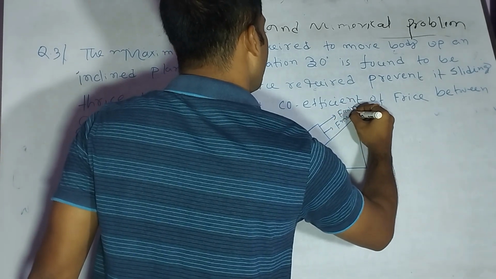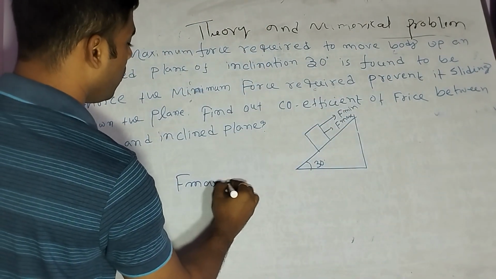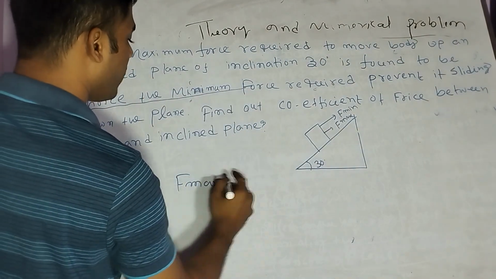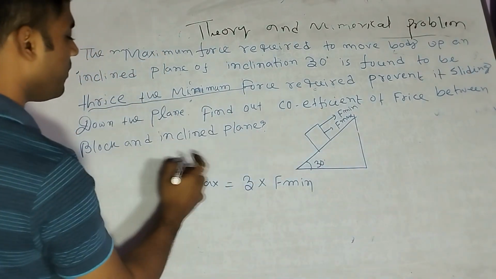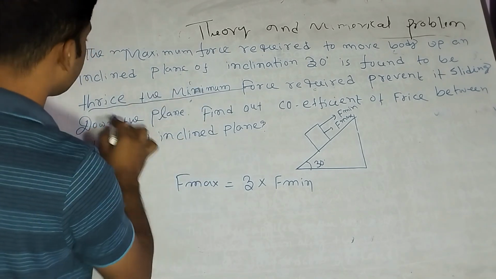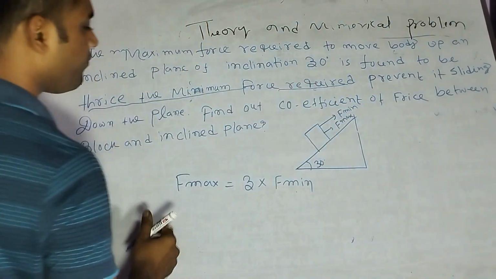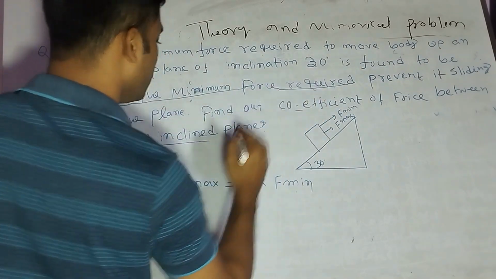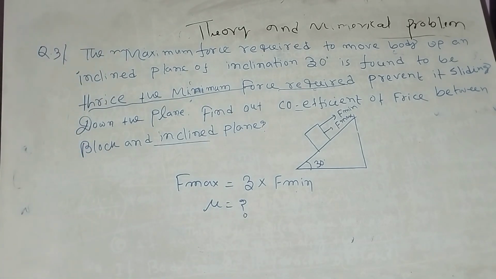According to the question, F max is thrice the minimum value, so F max equals 3 times F minimum. Then find out the coefficient of friction, that means mu.